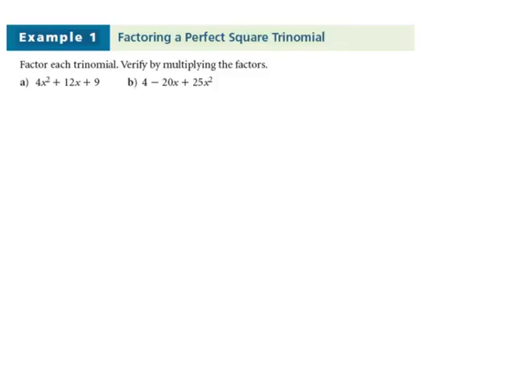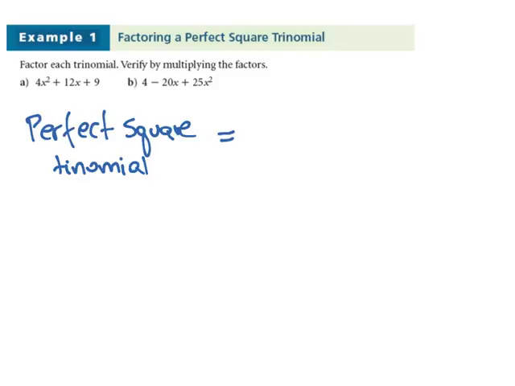First of all, what is a perfect square trinomial? A perfect square trinomial looks like this. It can be factored into two identical factors, in this case, x plus 2 squared.